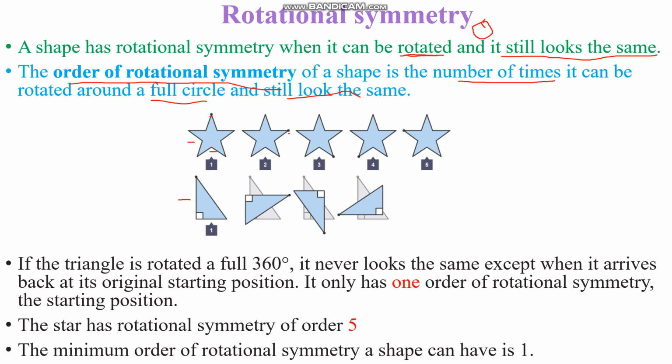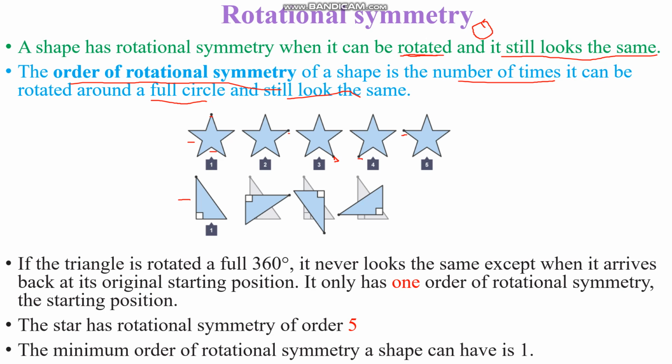The star still looks the same. There's no difference. When you rotate it again, note that the mark is now here. There is no difference again in the way the shape looks. And then when we rotate it again for the 4th time, the shape looks the same again. And for the 5th time, when the mark is here, the shape still looks the same.